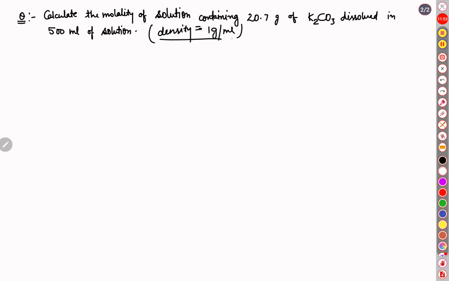Do you know why density is given? Because we have to change volume into mass. If any such change is needed, then we have to use density. Okay, let us talk about the question. It is a very easy question. We have to solve this one.